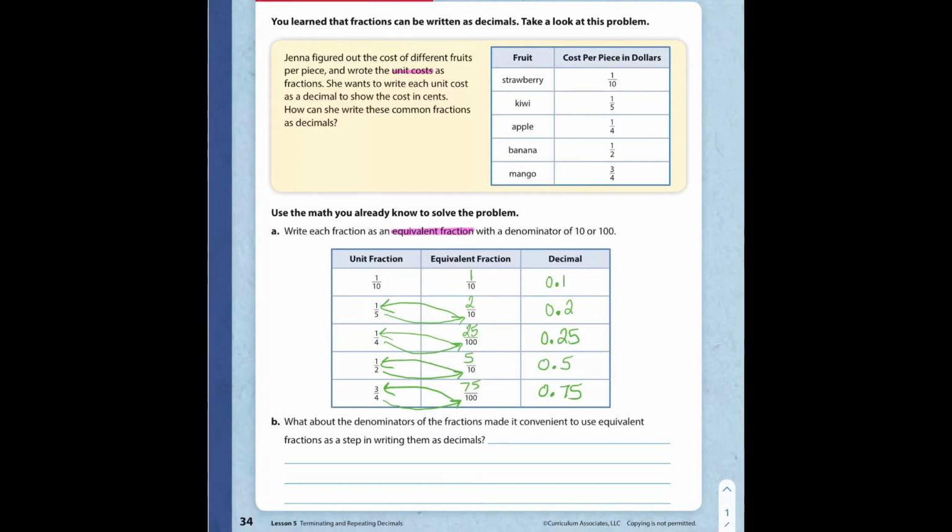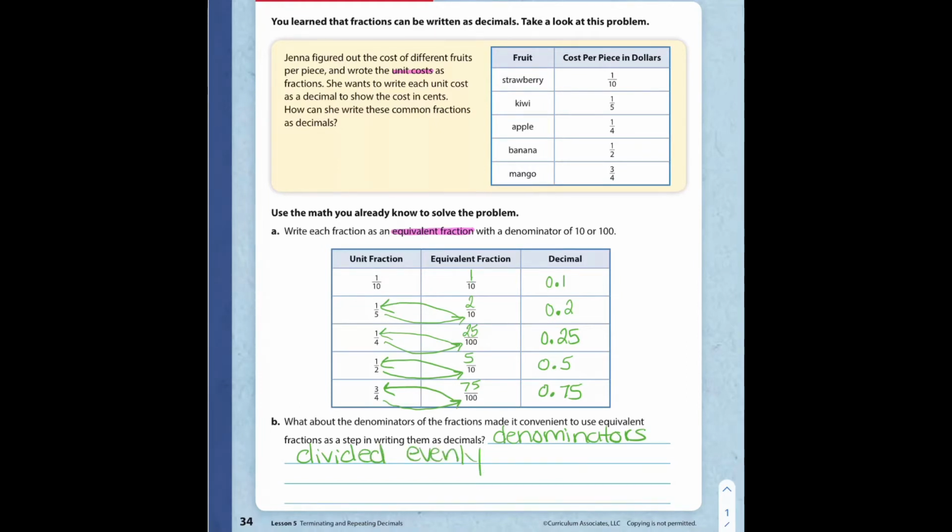Looking at part B, what about the denominators of the fractions made it convenient to use equivalent fractions as a step in writing them as a decimal? So, as I discussed when we talked about whether we were using 100 or 10 as the denominator, the denominators divided evenly.